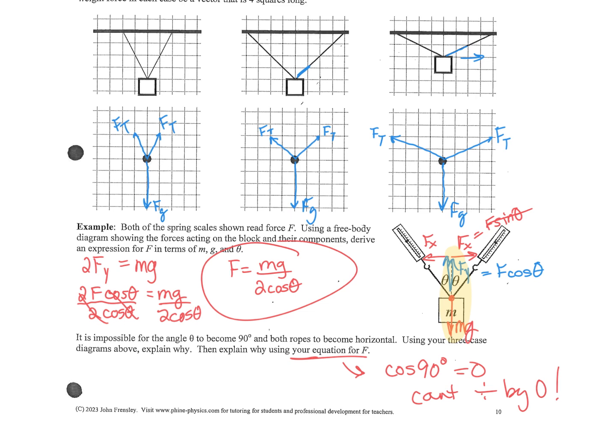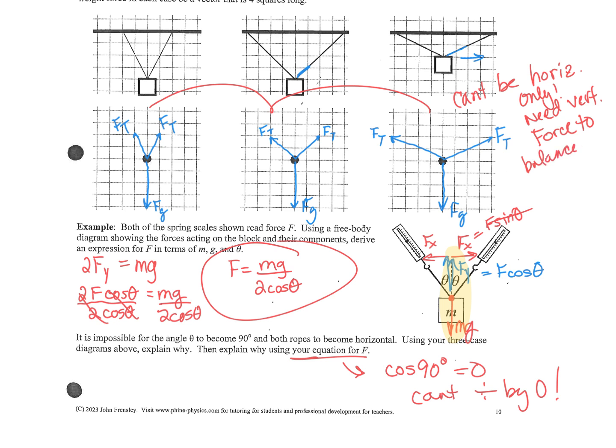And also, looking at all of these, if it were completely horizontal, in any one of these 3 cases right here, we need a vertical force to balance with the force of gravity, F sub g there, don't we? So we need a vertical force, otherwise it's not in equilibrium, okay? So we need upward tension to balance with that downward gravitational force.